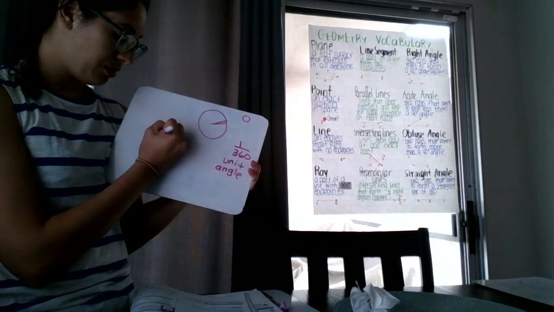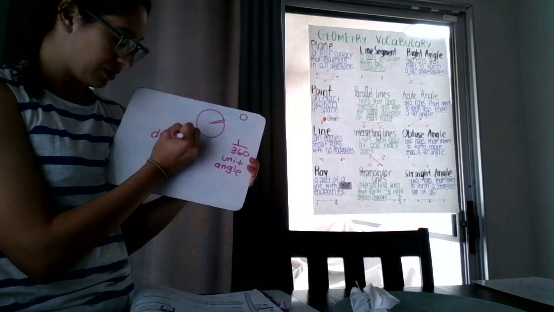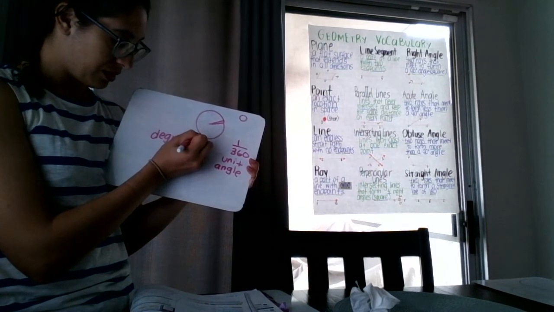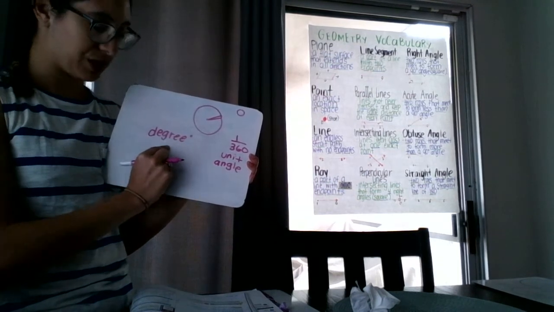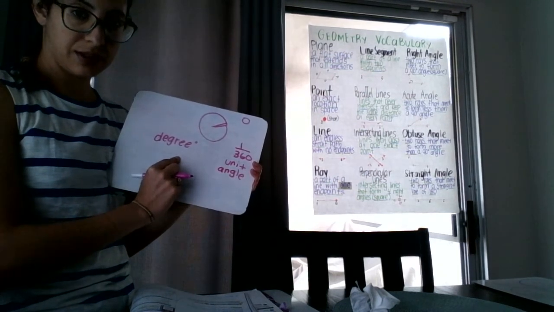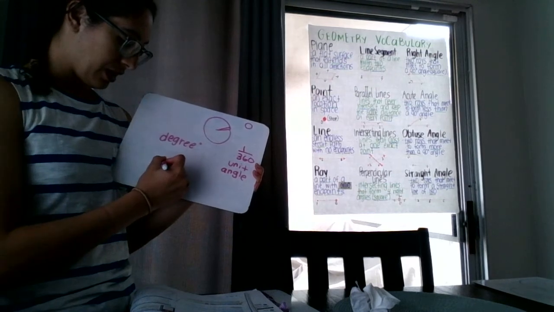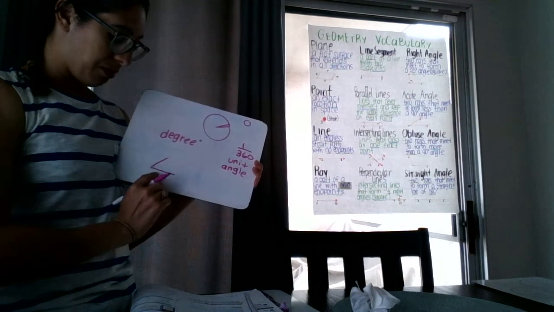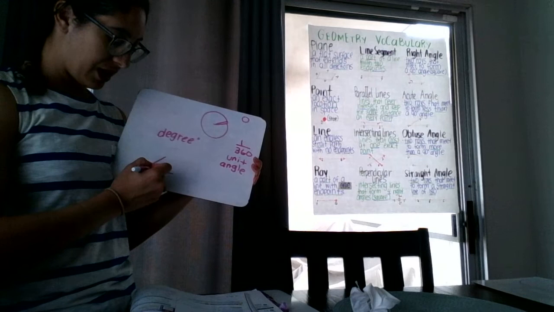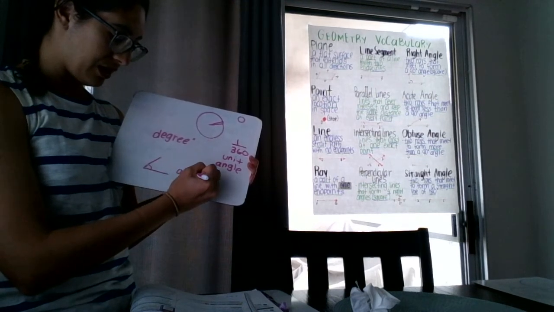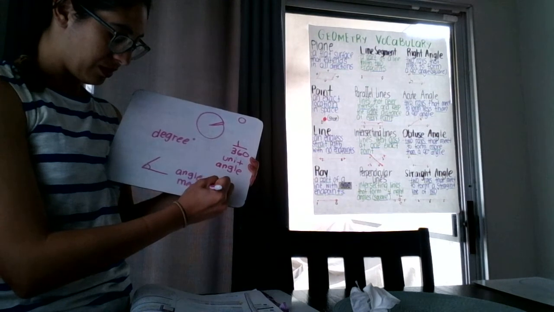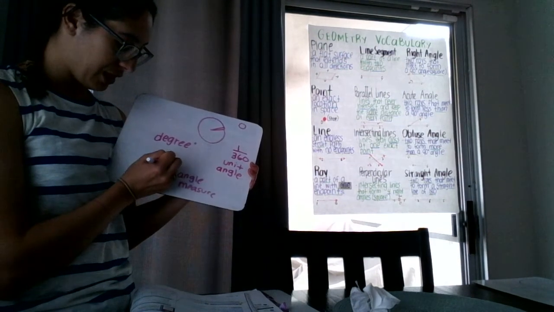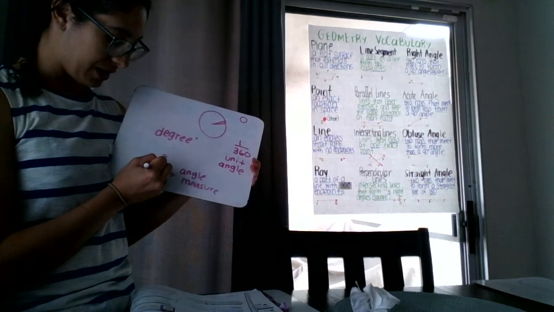We know that the angles of a circle are measured in degrees. And when we want to find the measure of this angle, we call it the angle measure. Oops, I forgot my arrows because remember, they're rays, okay?